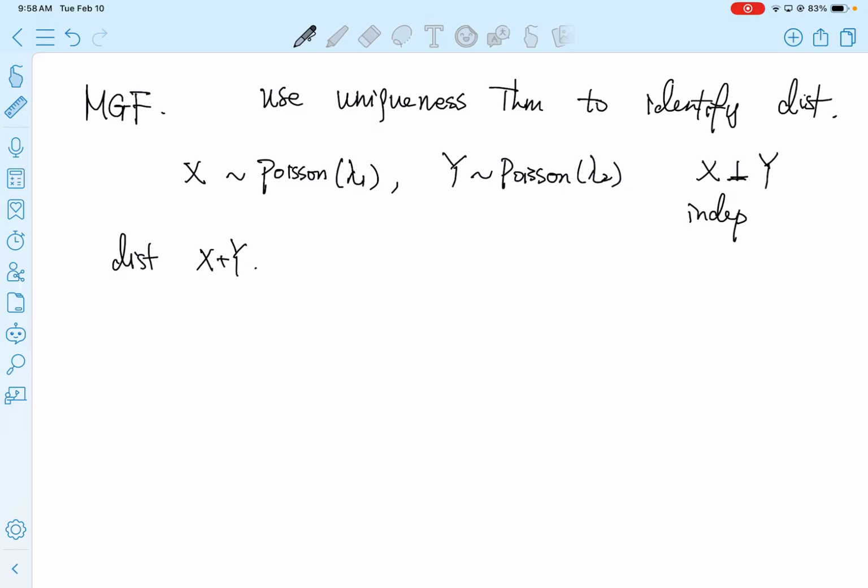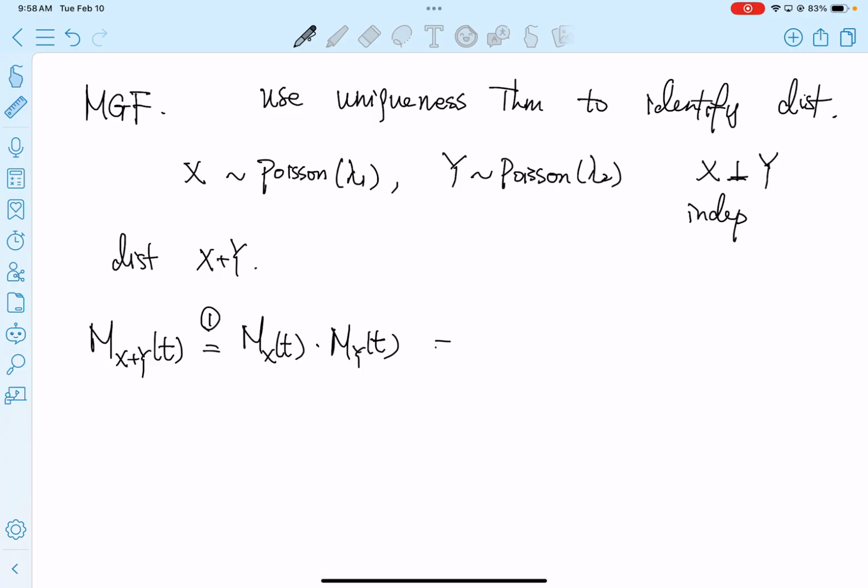Okay, and because they are independent, we know the moment-generating function of the sum is equal to the product of the two. So this is using property 1. Because they are independent, the moment-generating function of the sum is equal to the product of the individual moment-generating functions.